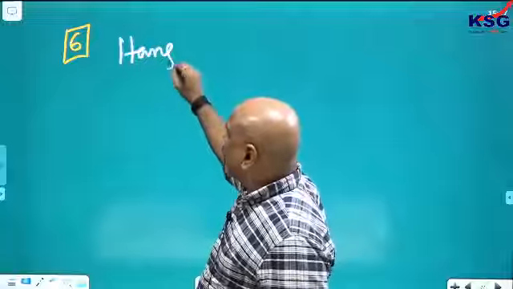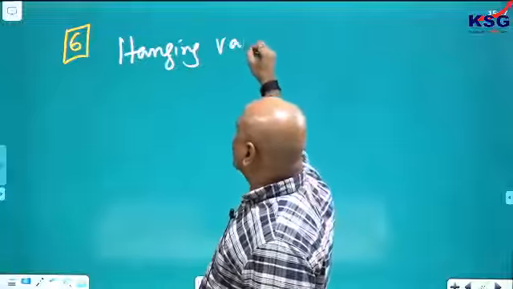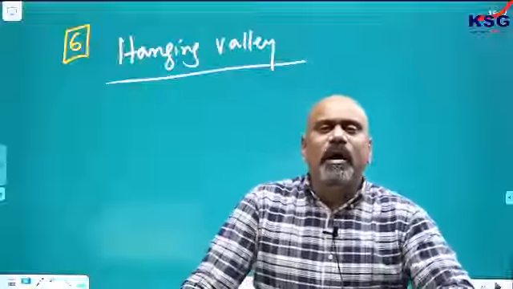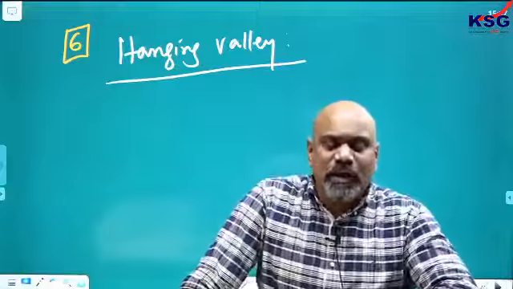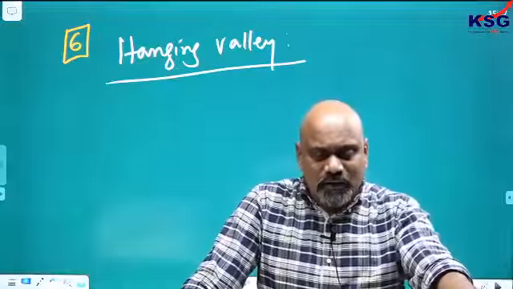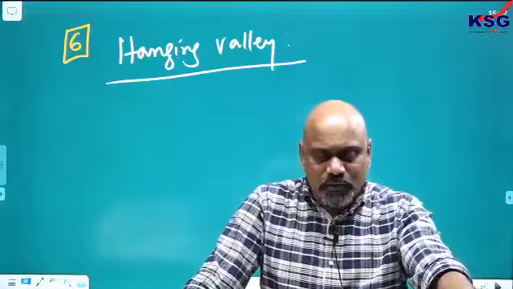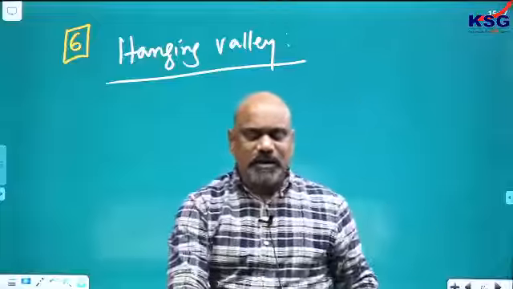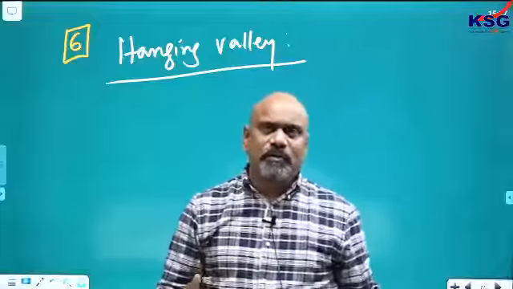Okay. Hanging valley. This is in fact a U-shaped valley which is formed between two glaciers. One is a very large, huge glacier, another one is a smaller glacier.